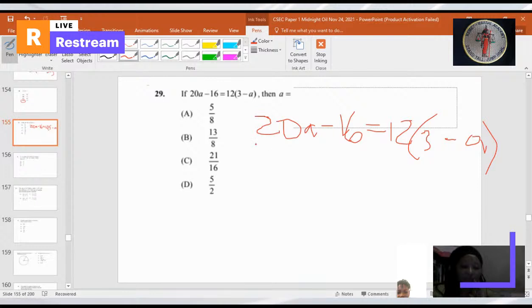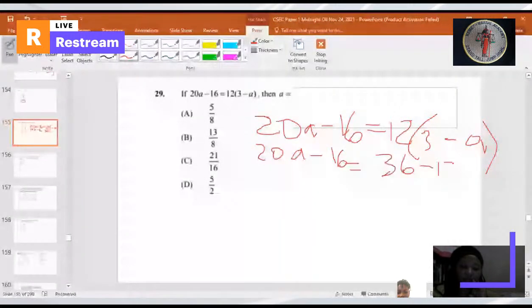So we have back our 20A minus 16, 12 times 3 is 36, and 12 times negative A is negative 12A. So now we're going to group our like terms.